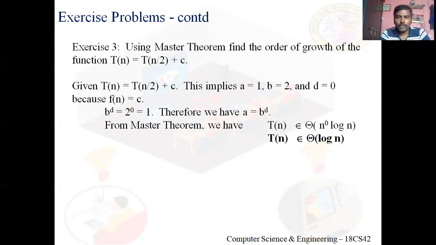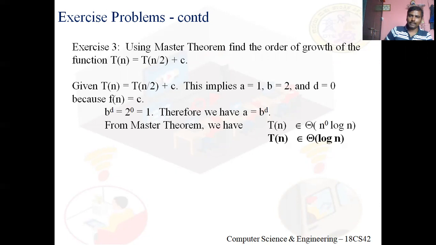So T of n belongs to big theta of n power d log n, and here d is 0, so I've written n power 0 log n. n power 0 is nothing but 1. Therefore T of n belongs to big theta of log n. Got it? So the order of growth for this exercise problem 3 is logarithmic. So, clear?